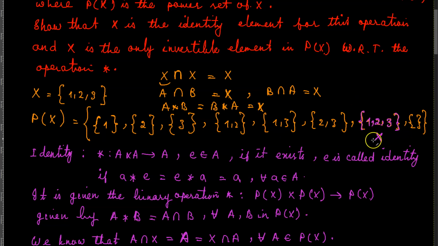So the only way that I can get this element is basically this way. And as you can see, this is only possible if a is equal to b is equal to X. That's the only way that this is possible, right?